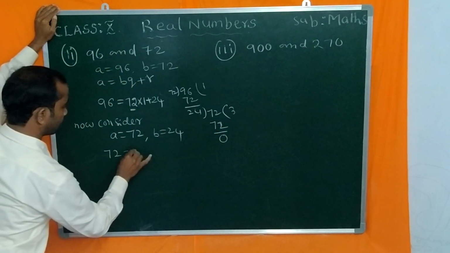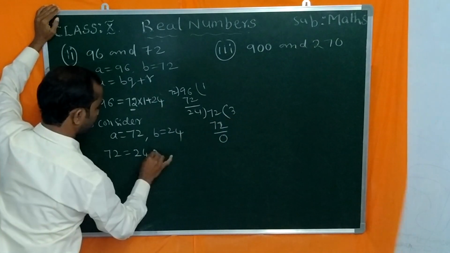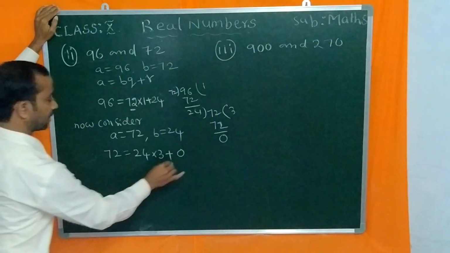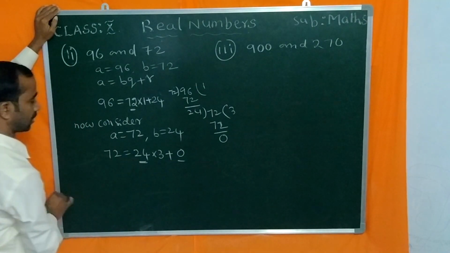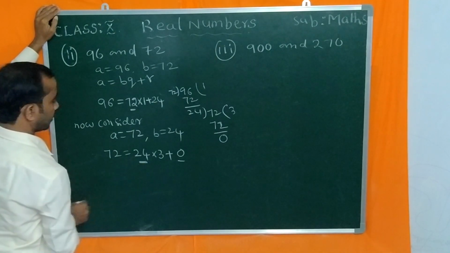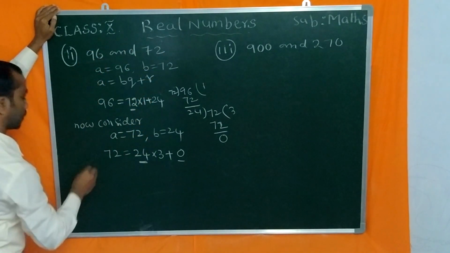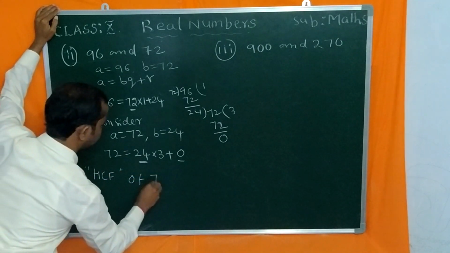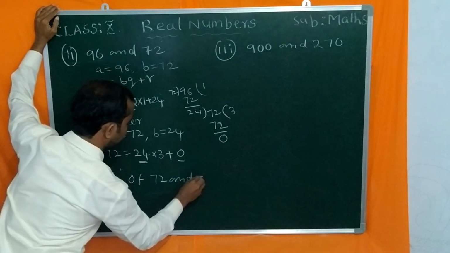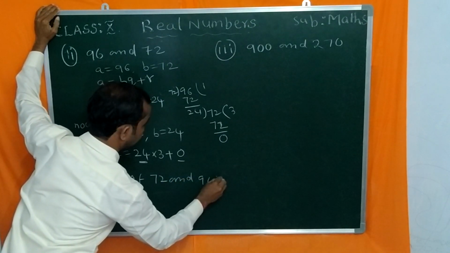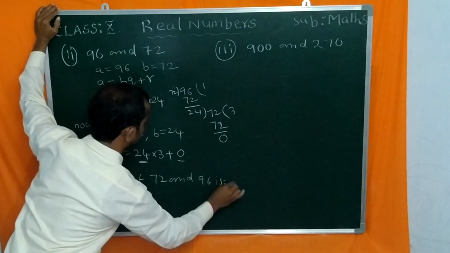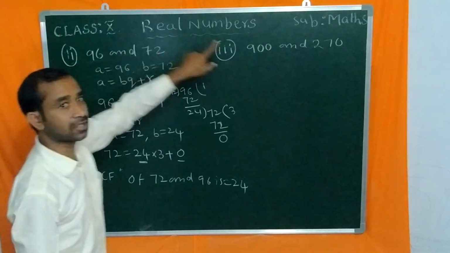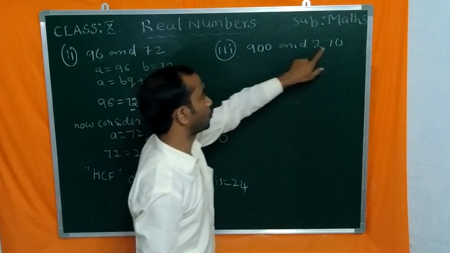So 72 equals 24 into 3. So here remainder is 0. 24 is the divisor. The divisor is the HCF of the given two numbers. So the HCF of 72 and 96 is 24.